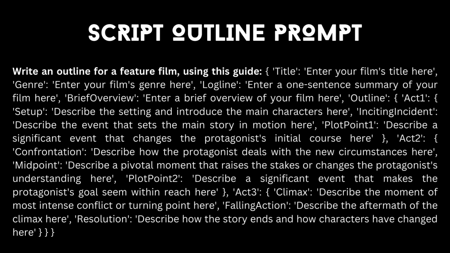It also includes the inciting incident. It asks to describe the event that sets the main story in motion. It asks for plot point 1 to be described. It also flows right into Act 2, which is the confrontation.